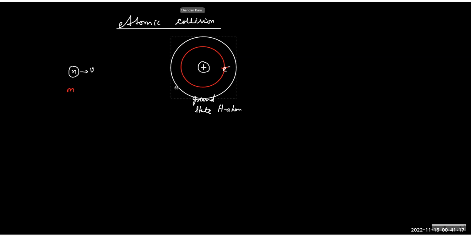Both have roughly the same mass, because the H atom will have only one proton, and the neutron is only a neutron. So both have the same mass.